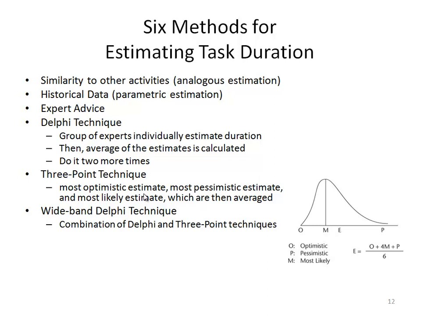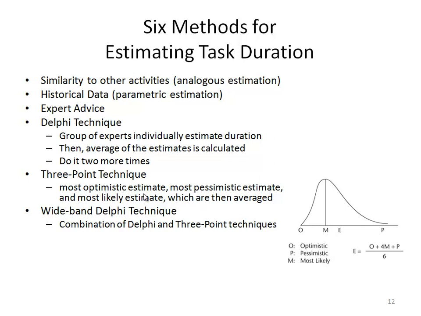There are 6 methods that can be used to estimate task duration. The analogous technique, which is comparing the tasks to similar activities in previous projects within the organization. And the parametric technique, which is using statistical relations between the historical data and other variables, for example, the square footage in construction.